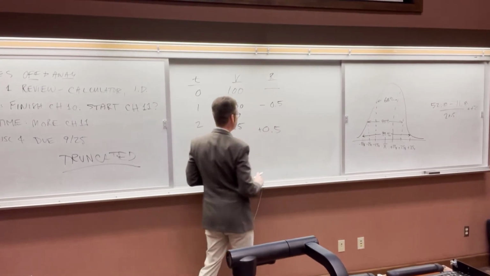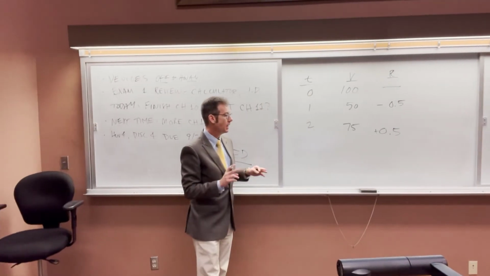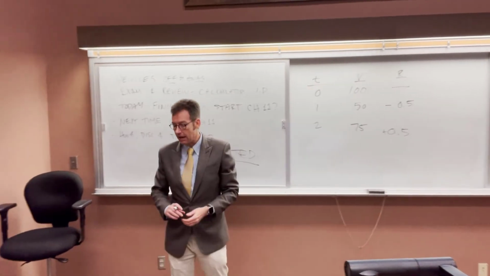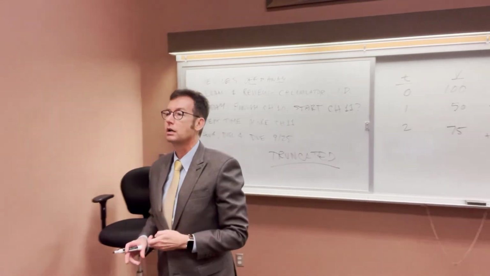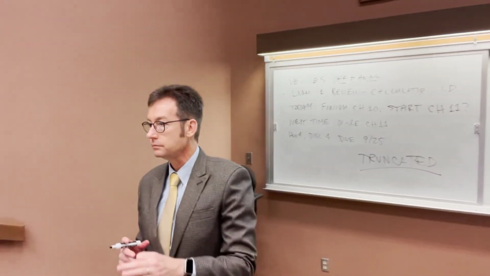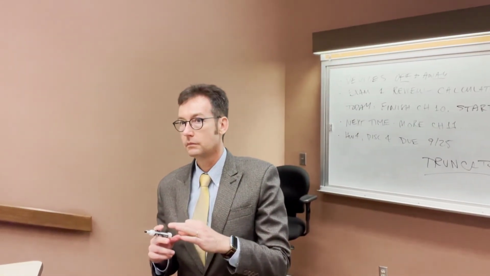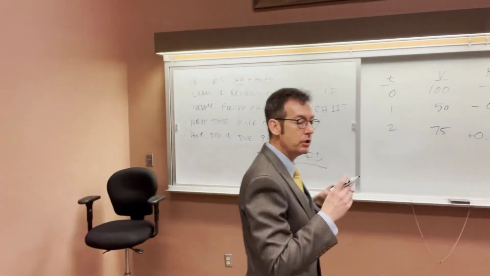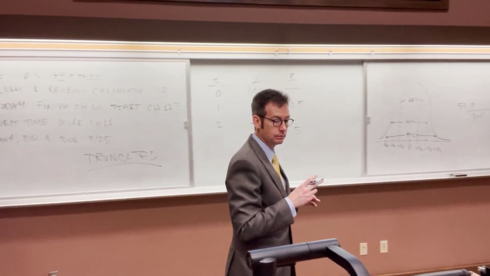And that's plus, just in case you missed that. Now, my question to you is, what's the average return for this stock over that period? It's 0, right? If you add those things together and divide by 2, you're going to get 0.